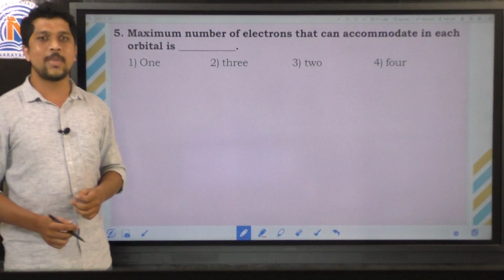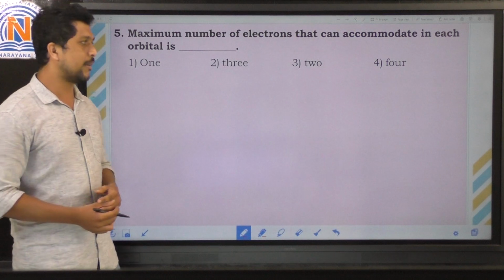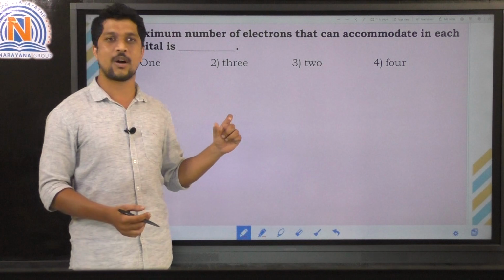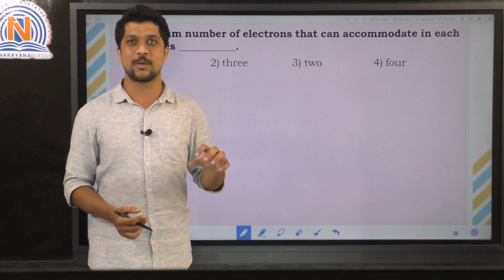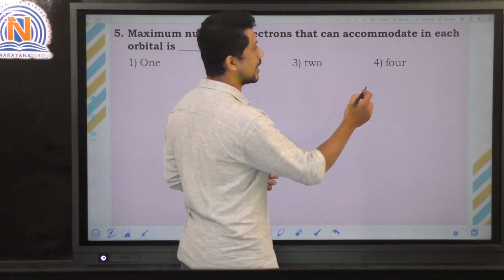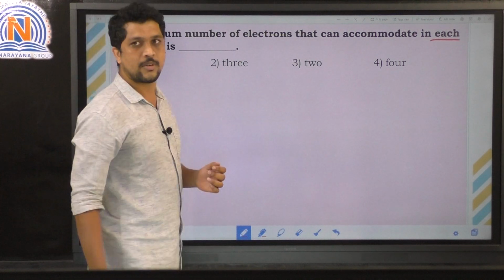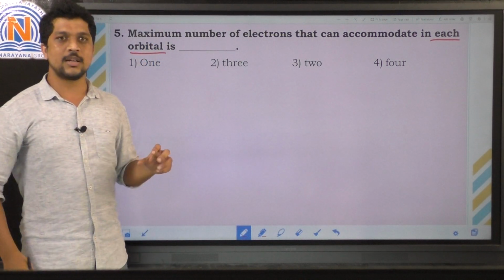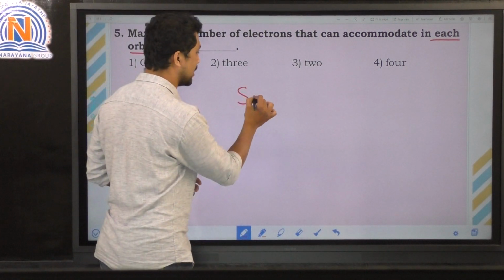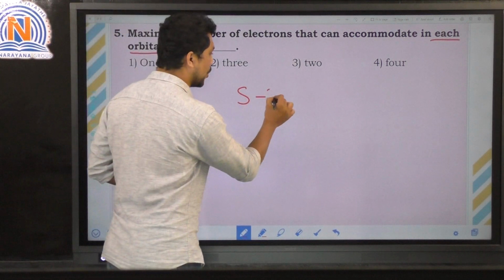So here the question is the maximum number of electrons that can be accommodated in each orbital, right? This question has a small difference from the previous one. In the previous question, they asked the maximum number of electrons present in a shell, but here it is the maximum number of electrons that can be accommodated in each orbital. Each orbital contains only 2 electrons. For example, s contains only 1 orbital, which holds 2 electrons.